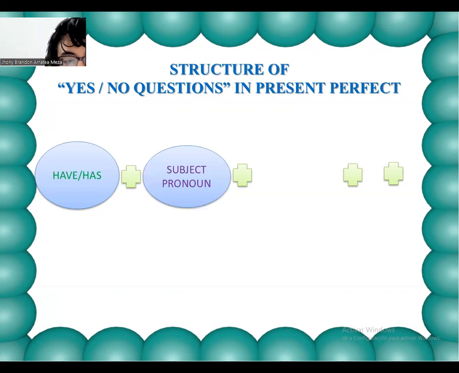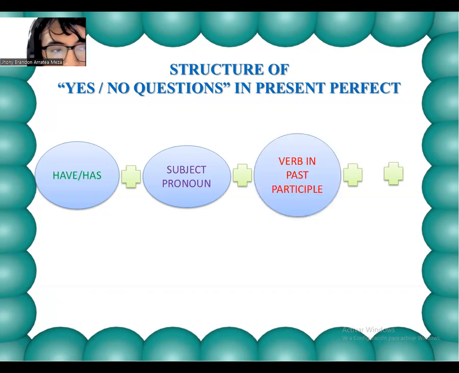Well, also we have the verb in past participle. Remember, when we talk about present perfect, we use the verb in the past participle form. Don't forget this. Plus the complement, plus the interrogative sign.